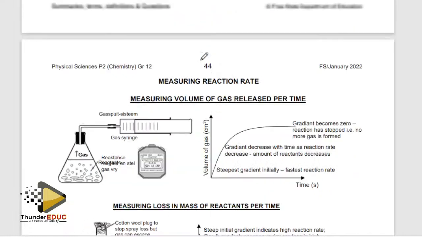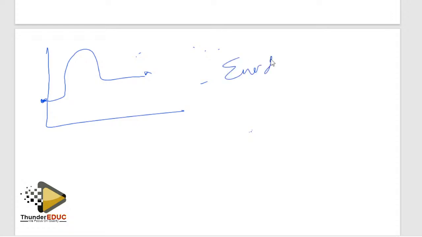Okay, sharp. Let's go, guys, here. The graph, guys, once the graph comes like this, you just have to take note of this. When you start from this, you go high, it means that you have taken a lot of heat inside. So definitely it is going to be endothermic.